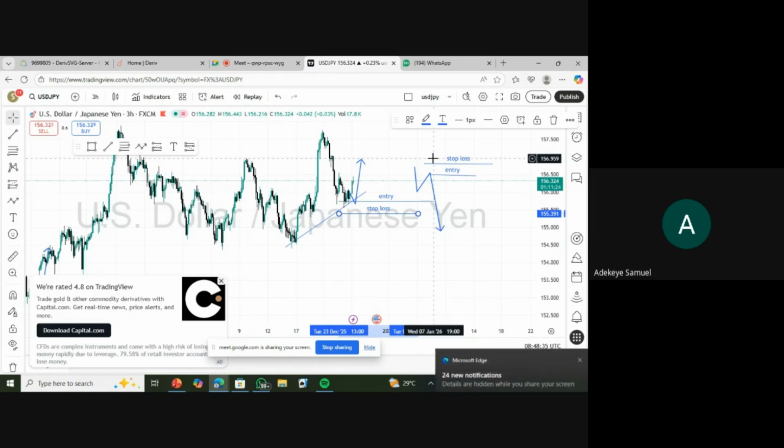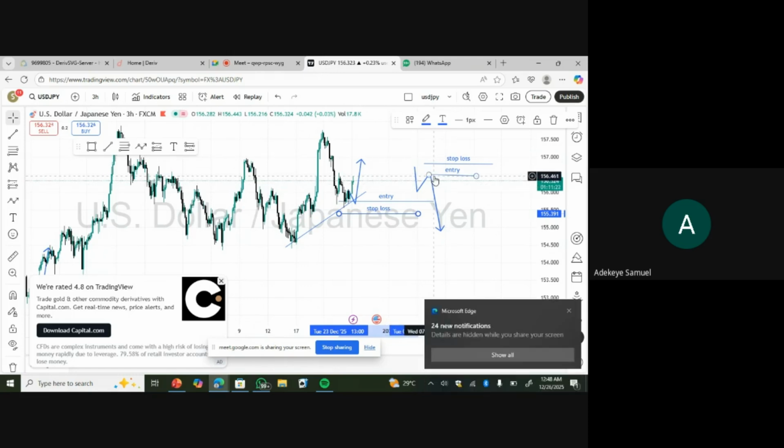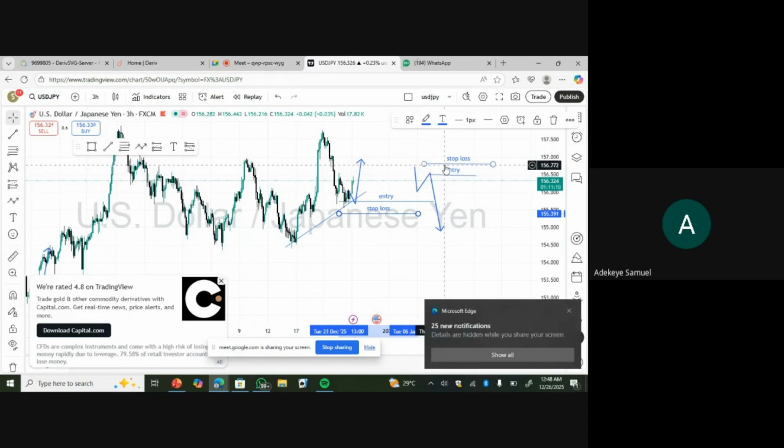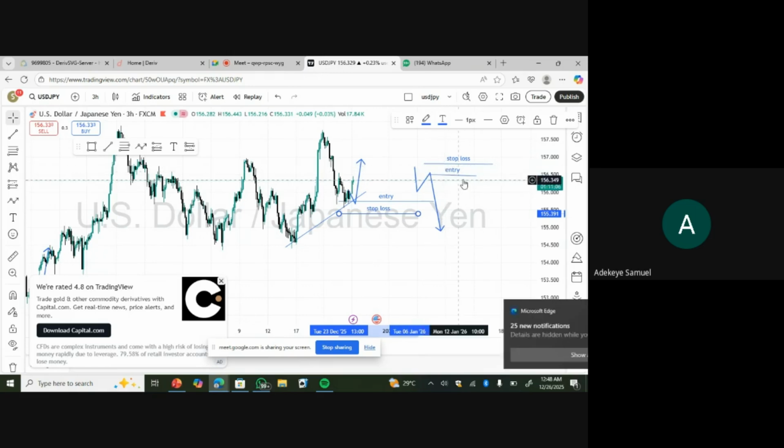Let's say you are selling at this resistance here, or you saw a little breakout of that resistance. After you see that, your stop loss must be far above your entry level. Because sometimes the market will hit your stop loss and start going in your direction.